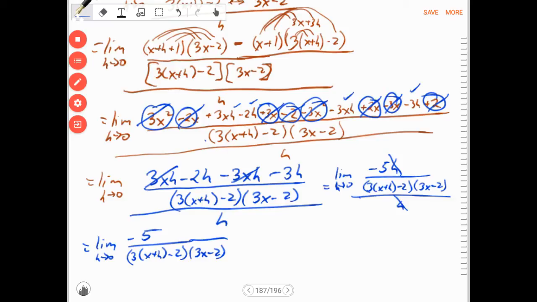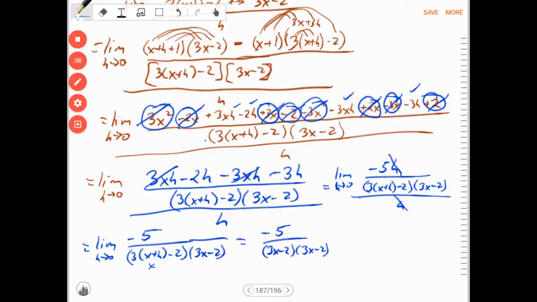That's pretty cool. And now that the 0 over 0 is gone, I can put the 0 in. So x plus 0, well, that's just x. So this part here is just going to be x. So it's negative 5 over 3x minus 2 times 3x minus 2.